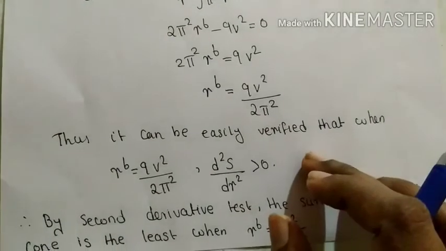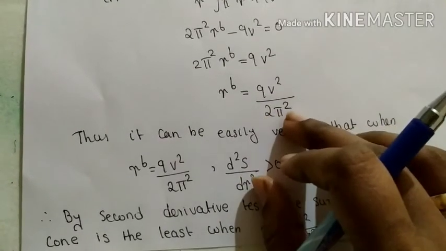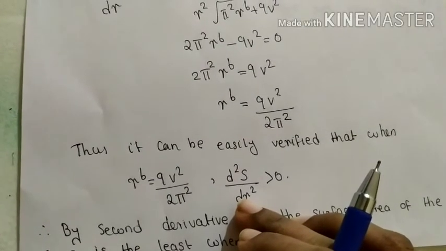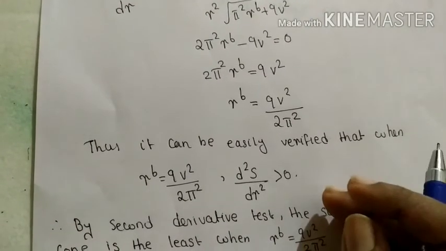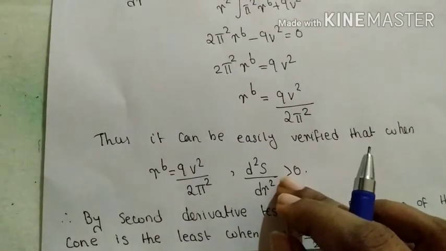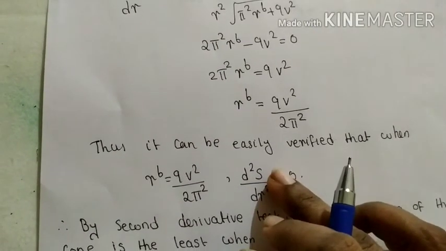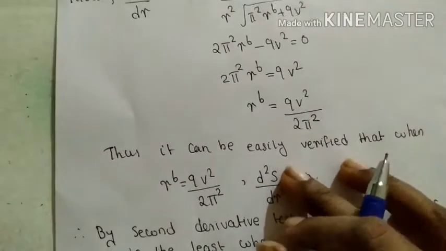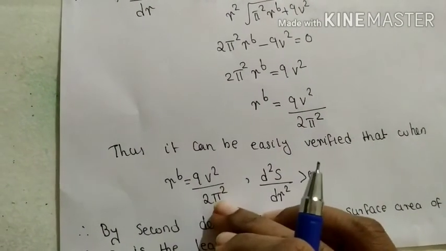Thus it can be easily verified that when r raised to 6 equal to 9 v square by 2 pi square, the second derivative is greater than 0, because it is already given that the curved surface area is minimum. That means the second derivative of curved surface area with respect to r should be greater than 0, right? So we get the critical point r raised to 6 equal to 9 v square by 2 pi square.